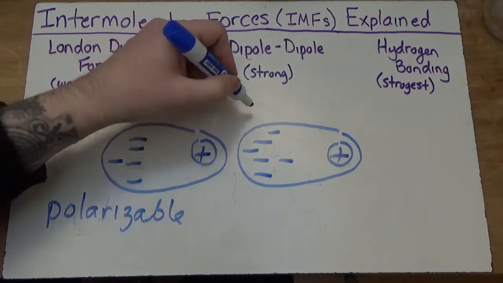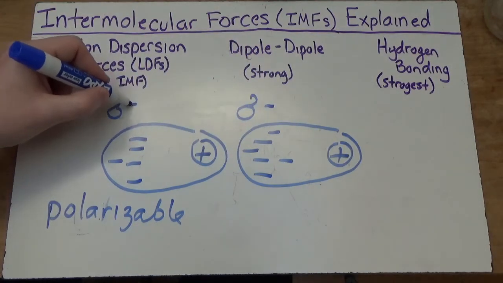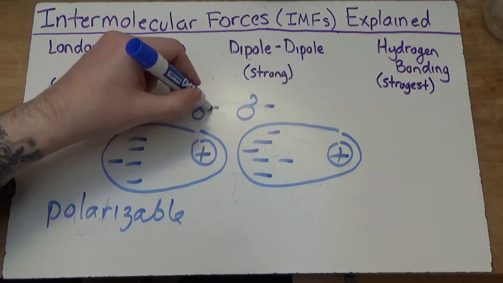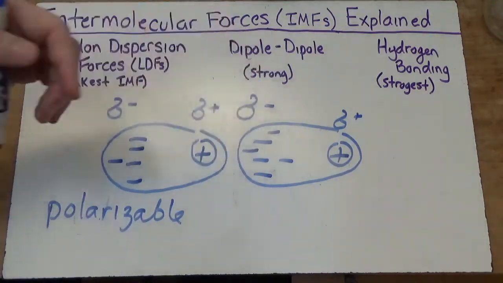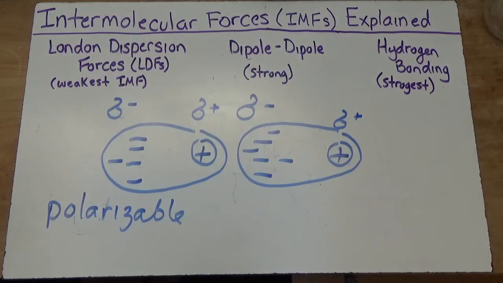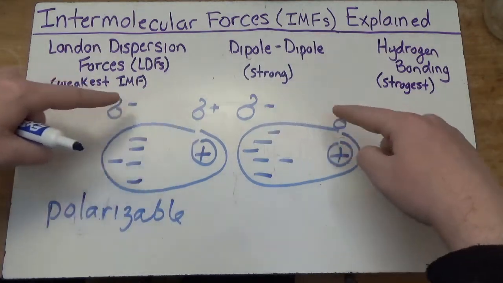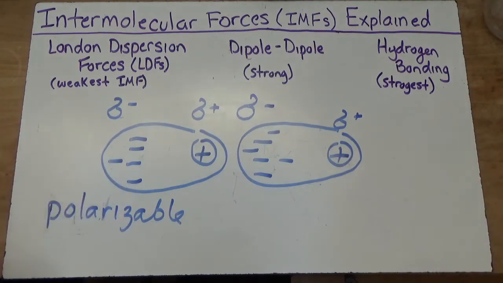All right, it's going to build up a negative charge, which is shown with this symbol right here, which means partial negative. And over here, we're going to have a partial positive charge, and those are going to interact. Okay, so London dispersion forces refer to this, which is called an induced dipole. We force the creation of partial positive and partial negative sides by bringing these atoms close together.